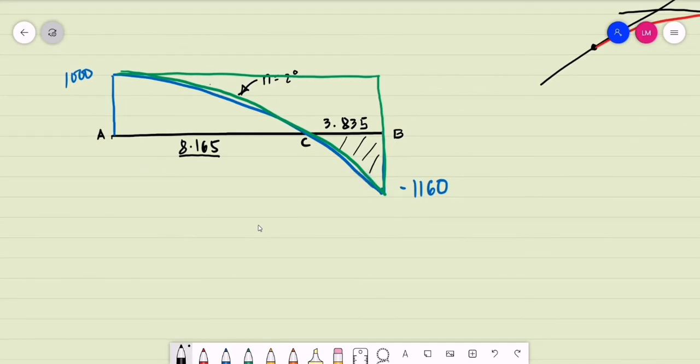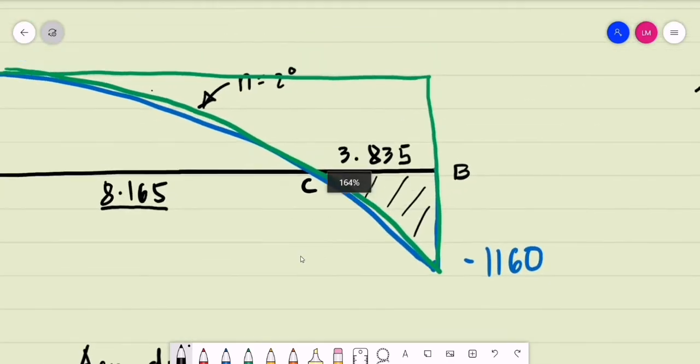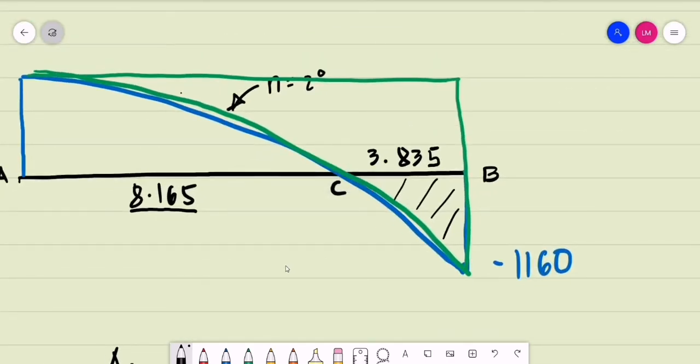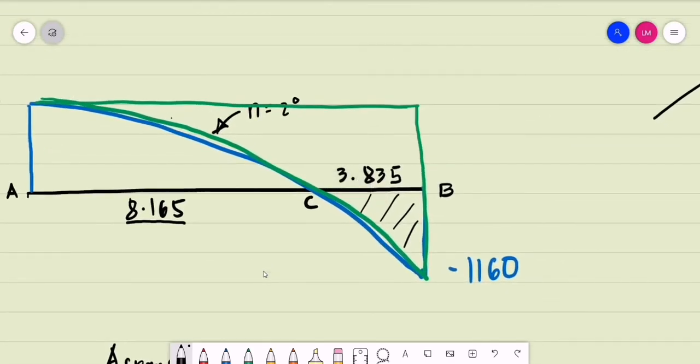The general formula for the area of a spandrel is equal to 1 over the degree of the curve plus 1 multiplied by the base times the height. But we don't need the total area of the spandrel. We just need this area which is part of this spandrel.